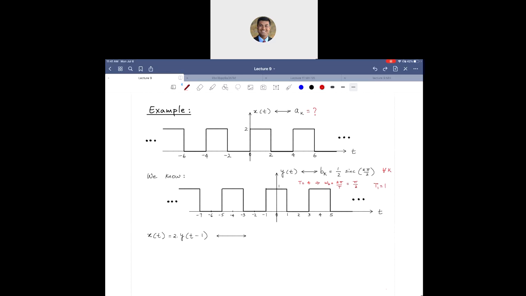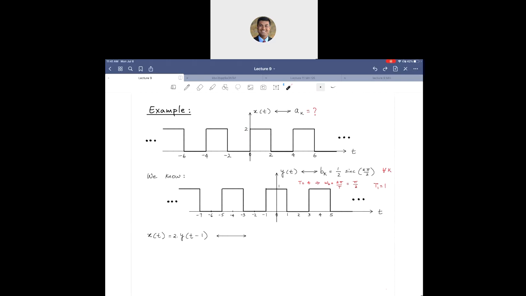So how are x of t and y of t related to each other? Notice we are after a sub k. We know b sub k from the standard result. So x of t is related to y of t as follows: delay the signal by 1 time unit, which means move it right by 1 time unit because I need to line it up with 0, and also scale it by 2 because the amplitude over here is 2.